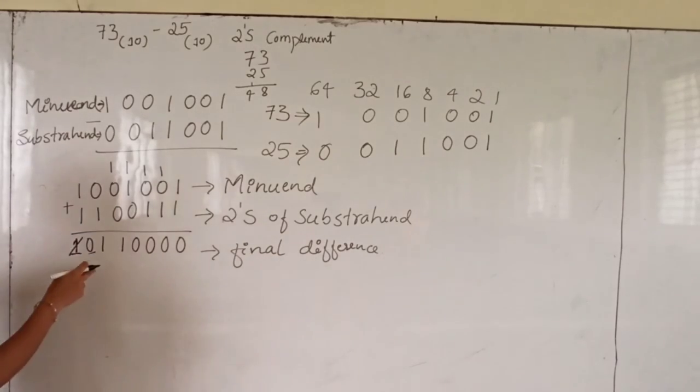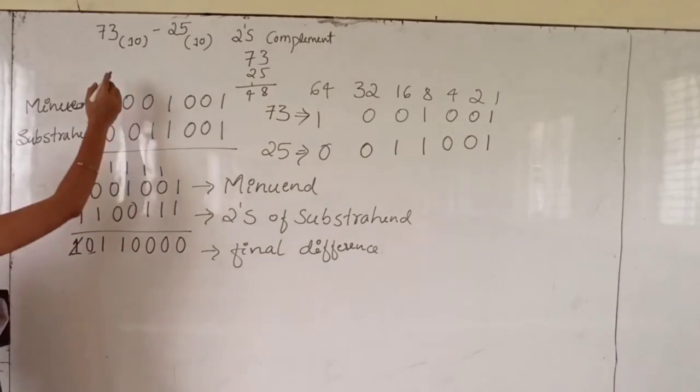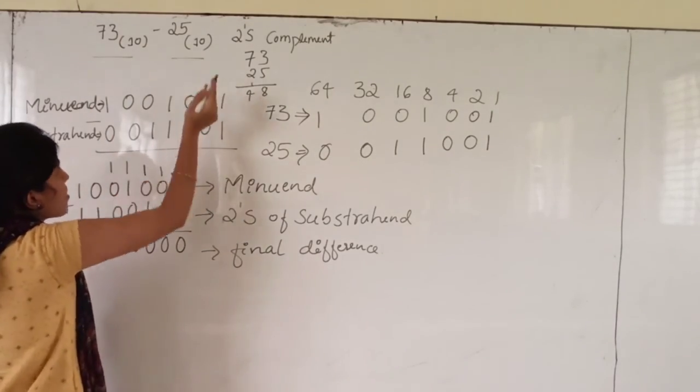This is the way of binary subtraction using the 2's complement method when the minuend is greater than the subtrahend.